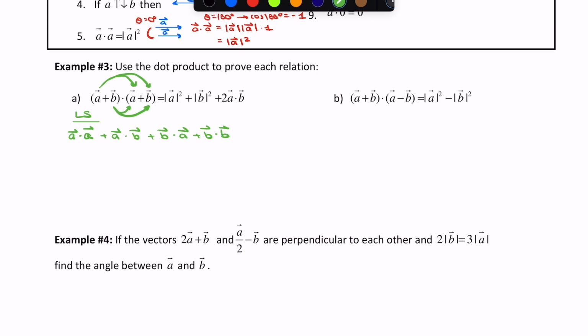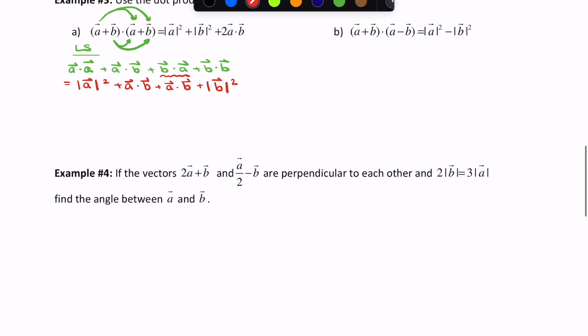Okay, so here that will give us vector a squared plus vector a times vector b. And here, vector b times vector a, we can rewrite as, again, vector a times vector b, and then plus b squared.